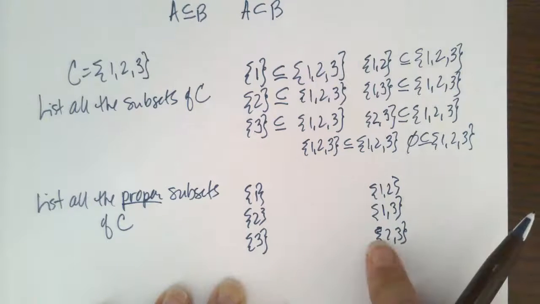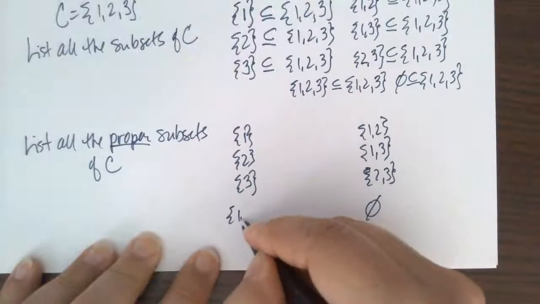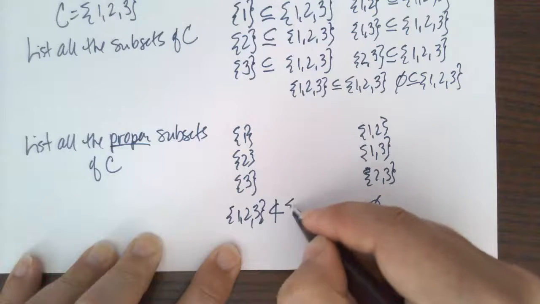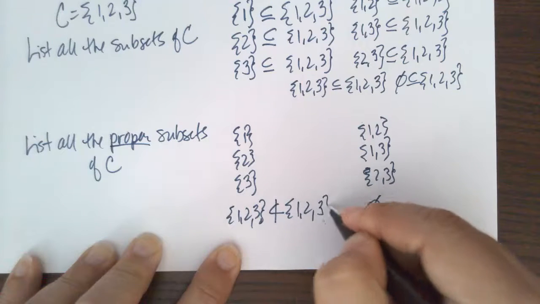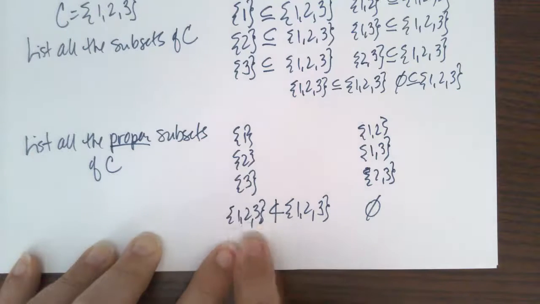Notice which one I didn't list. {1, 2, 3}. {1, 2, 3} is not a proper subset of {1, 2, 3}. Because proper subset means it has to be contained in but not equal to, right? It's missing the line under.